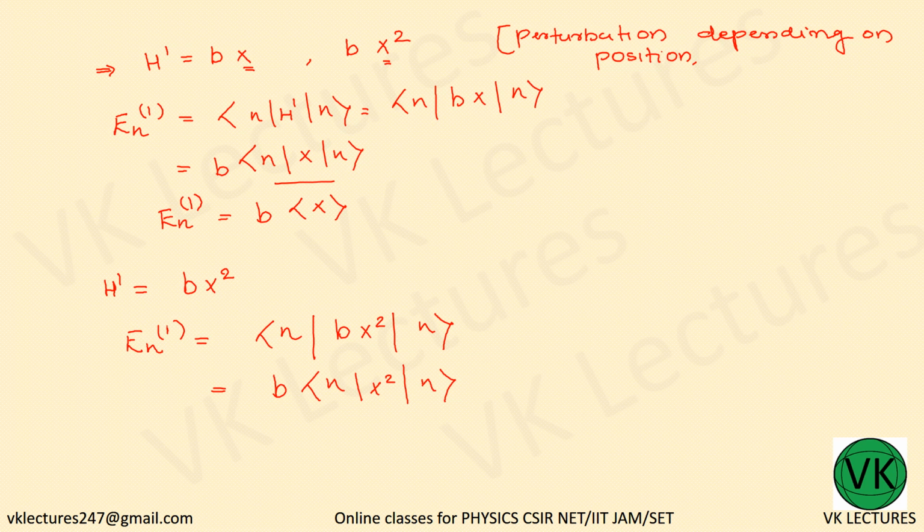That is equal to b into expectation of x square. So this is another value, and please remember that the expectation is within the limits of h dash. Even here we have the limits of h, that is perturbation.